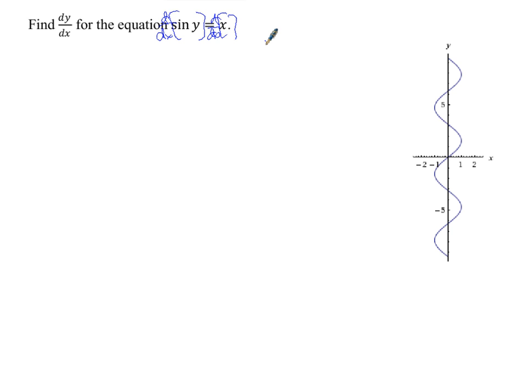It's the sine of y. So, yes, the derivative of sine u is cosine u times u prime, right? Well, u prime here would just be 1. So this on the left becomes cosine y dy over dx. And that dy over dx is outside.